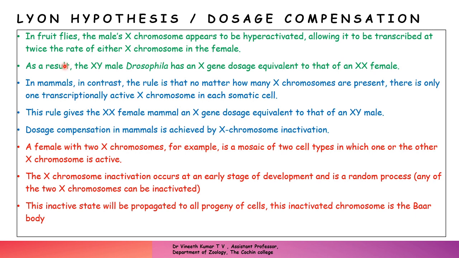In mammals, especially in humans, it is done by inactivation of the X chromosome. But in Drosophila, there is another mechanism for dosage compensation, and that is what we are going to discuss now.